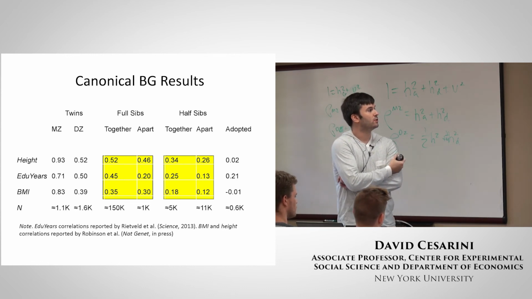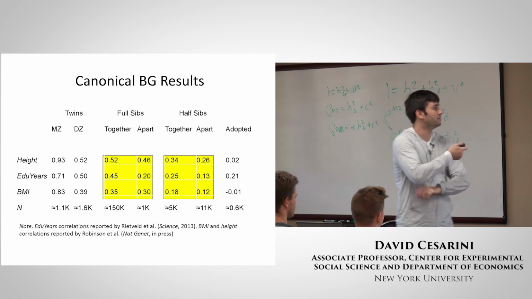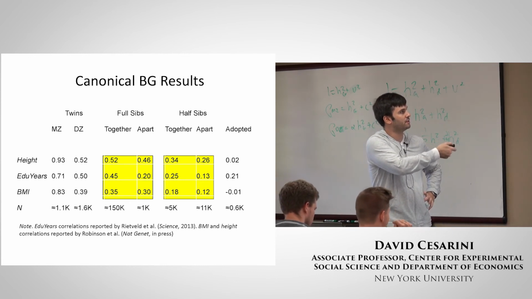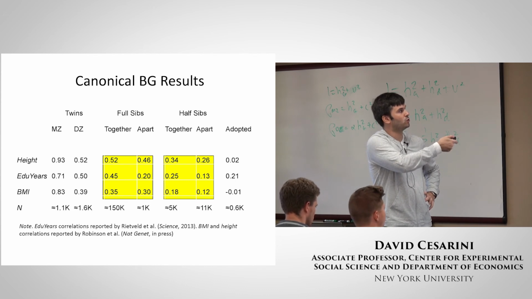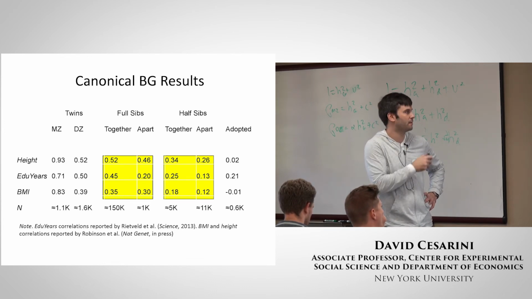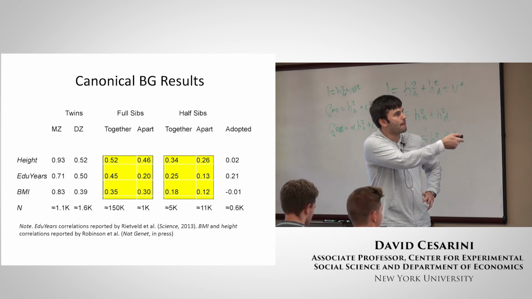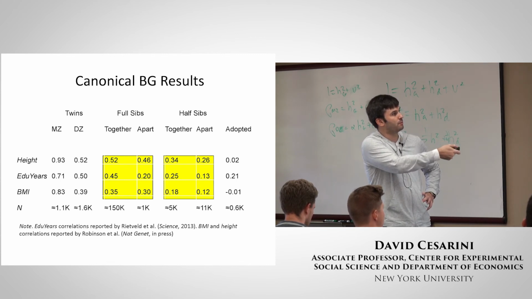Restricting the comparison to siblings reared in the same home, it's still the case that those who are more genetically related are more similar on height, education, and BMI. It's also the same for cognitive and non-cognitive skills, but I'm not showing you the numbers here. And the same is true if you just look at siblings reared apart. Siblings who are more genetically related are more similar.